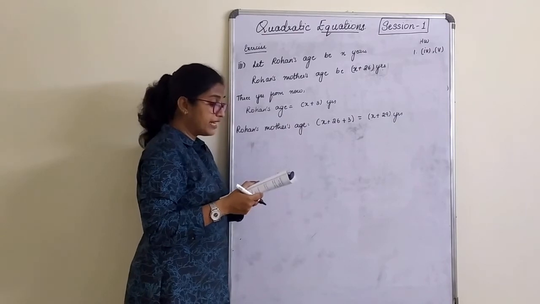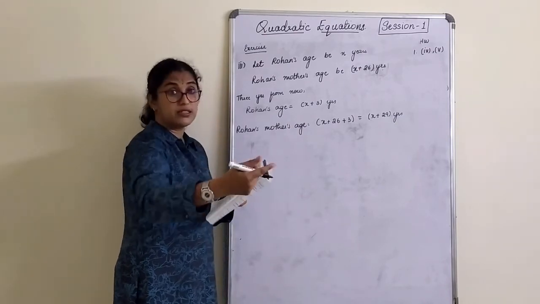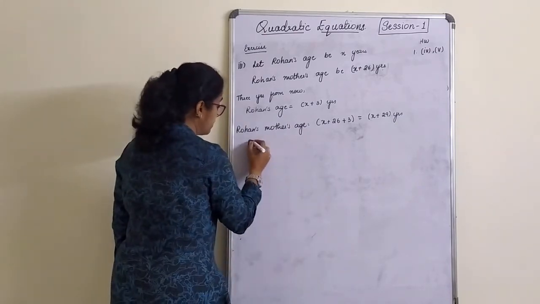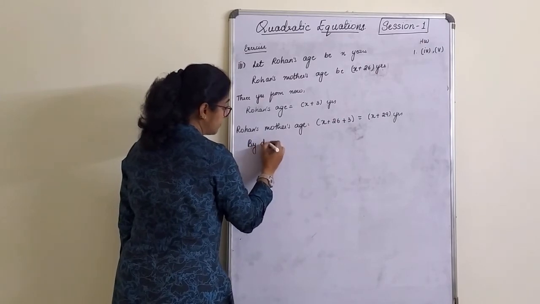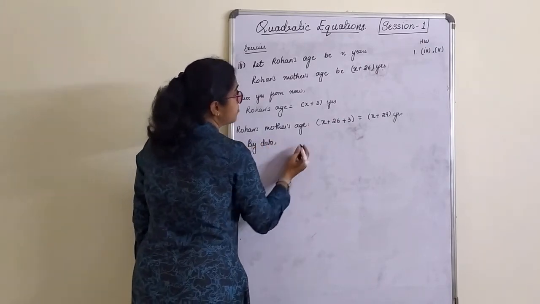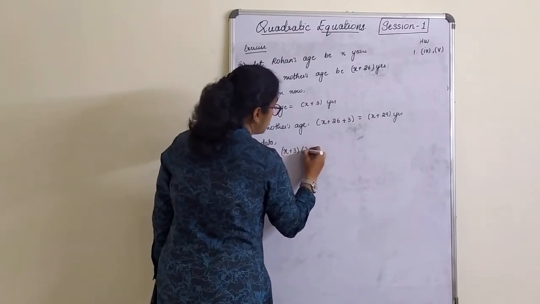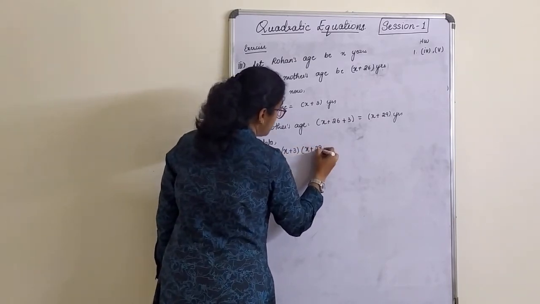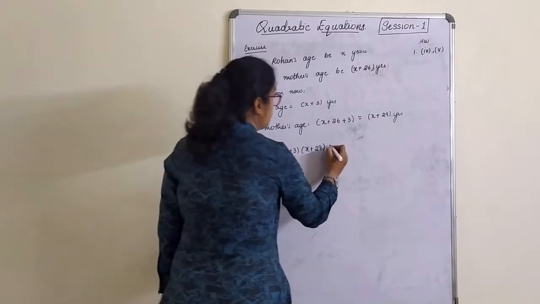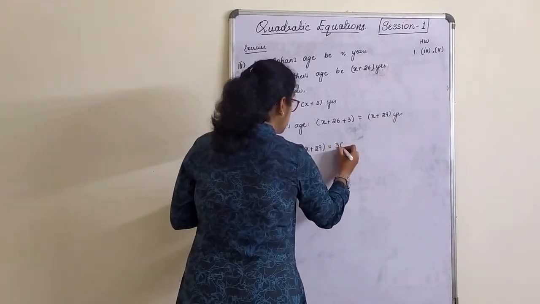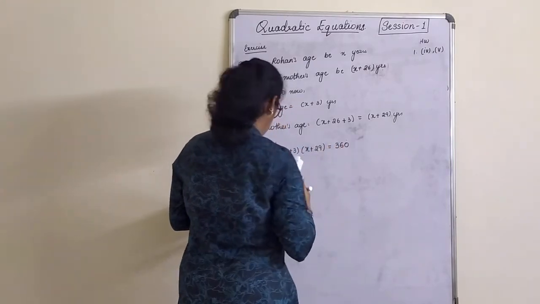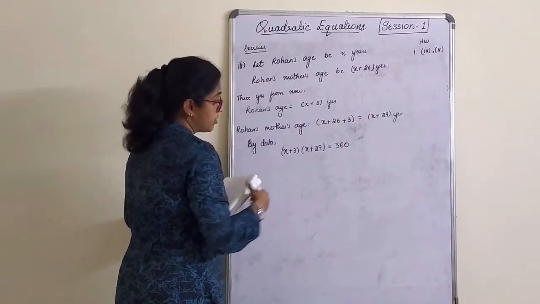The product of their ages will be 360. 3 years from now, the product of their ages will be 360 by data. So Rohan's age, that is x plus 3, into Rohan's mother's age, x plus 29, will be how much? 360. Okay, so let's frame.